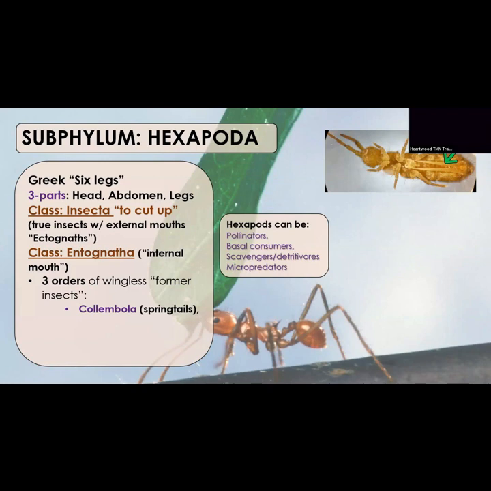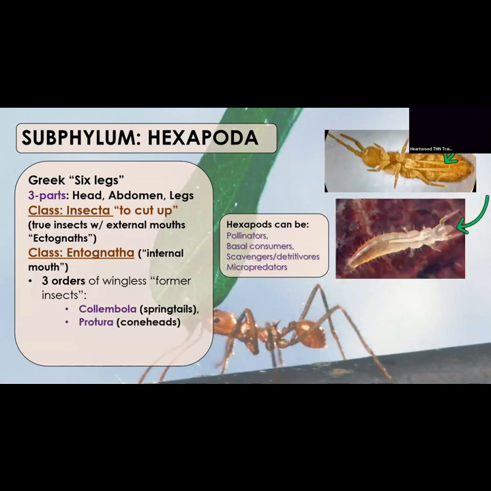So you've got things like, actually, let me see if I can move that. Right there, because it's right in the little spot. So you've got your Collembola, your springtails. They're known to have this furcula that literally springs them out. That is how you can identify them. You've got Protura, or coneheads.